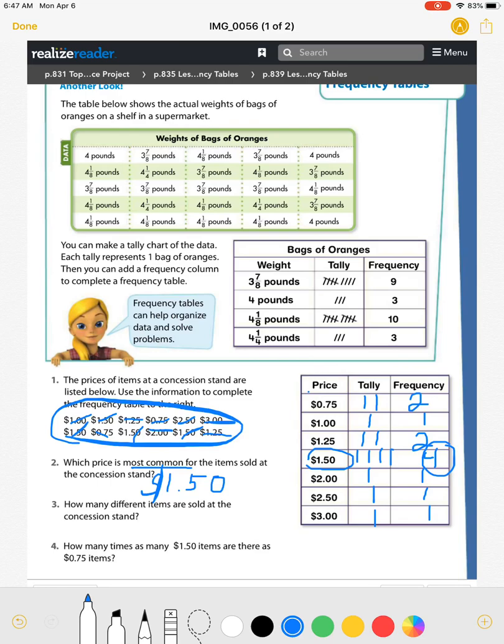Number 3, how many different items are sold at the concession stand? So it says how many different items. So right here, back at question 1, it says a price of items. So each one of these represent different items. So we could count over here these different prices, or we could look at our frequencies and add that up.